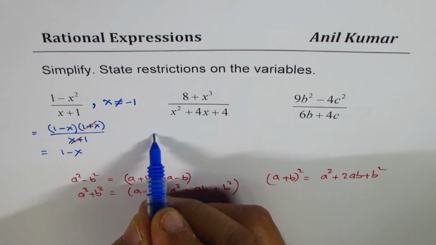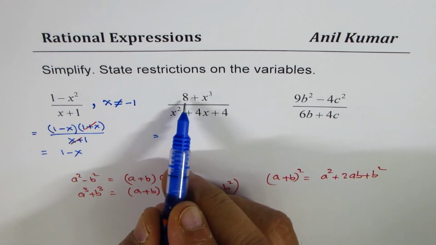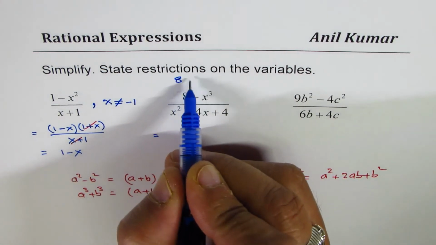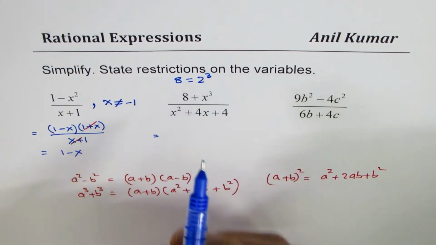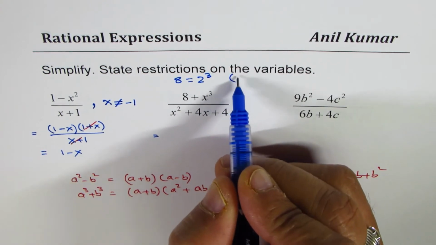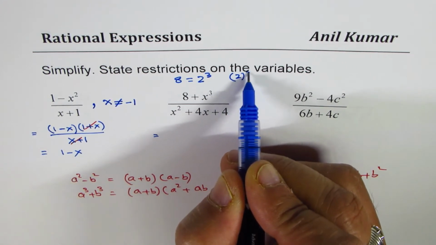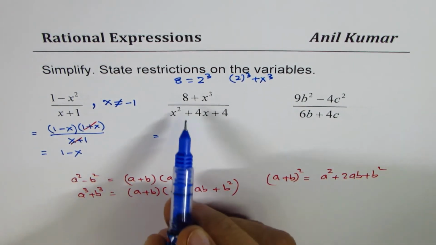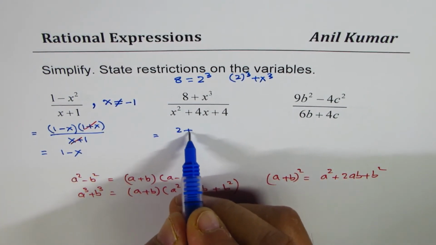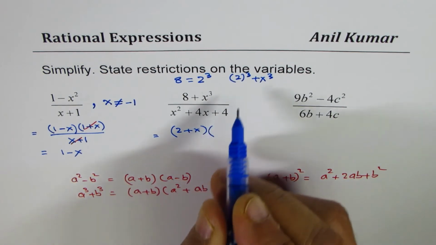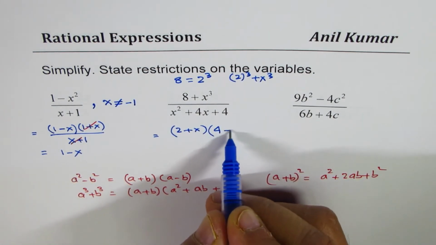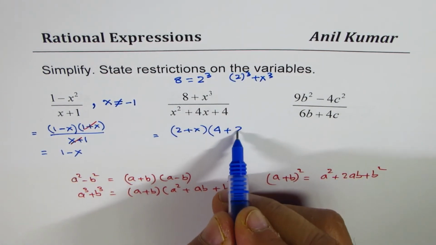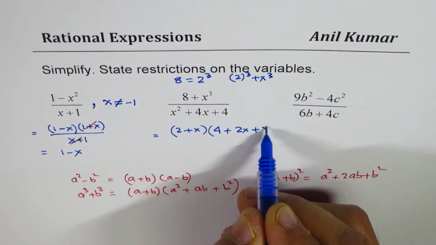The next one here is sum of cubes. Think 8 as equals to 2 cube. Is it okay? So the numerator becomes 2 cube plus x cube. And we'll use this formula to expand. So it is 2 plus x times square of 2, which is 4, plus product of these two, which is 2x, plus x squared.